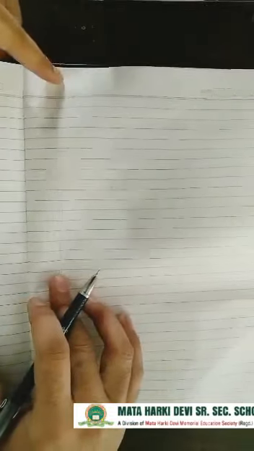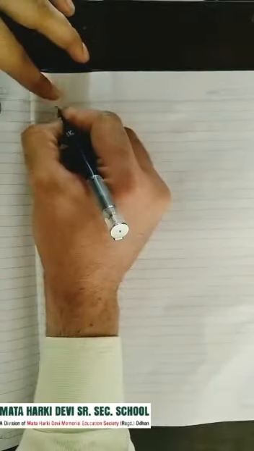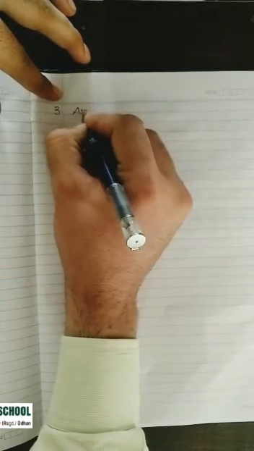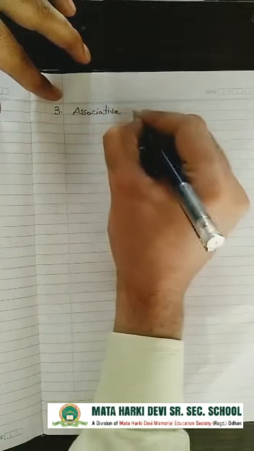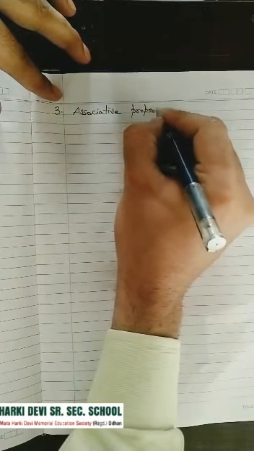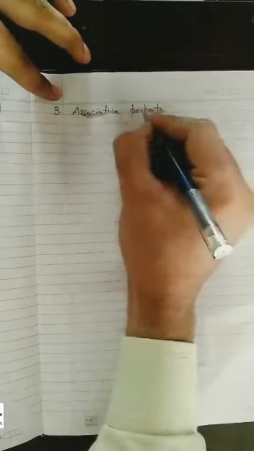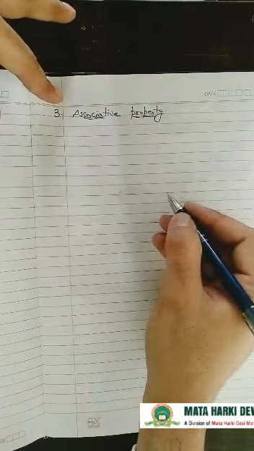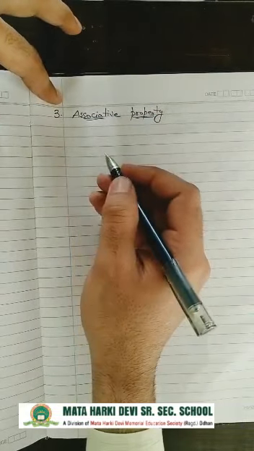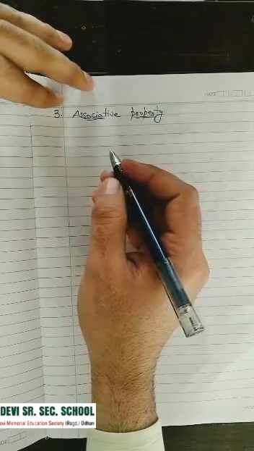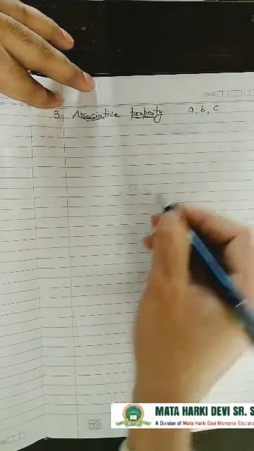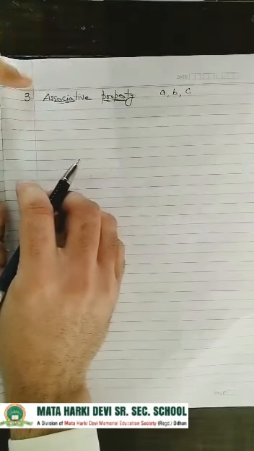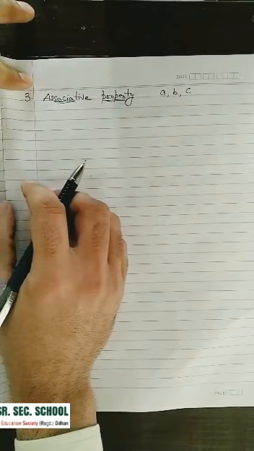Okay, let us start the third property. The third property is associative property. This is also the same. It depends on the position of the numbers, but here the numbers are 3. In the earlier property we took two numbers, now we are taking three numbers in associative property.